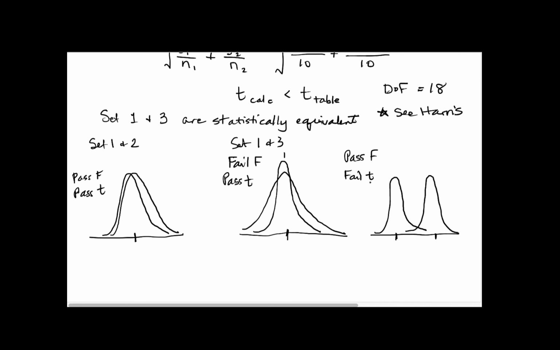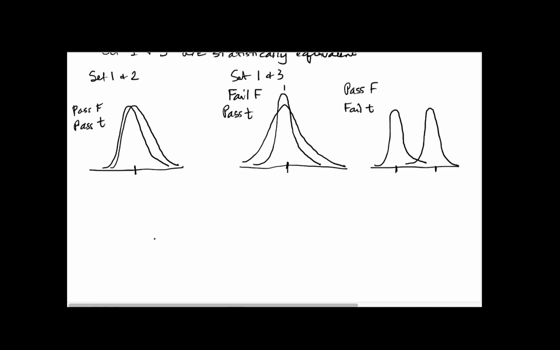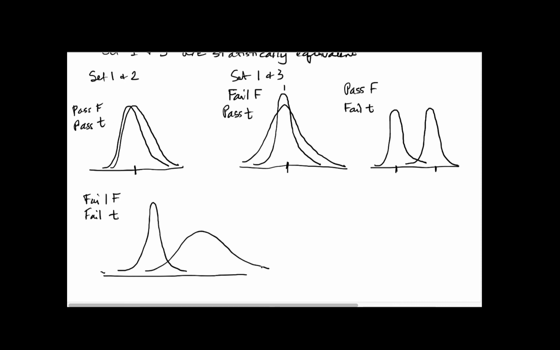In that case, they would not be statistically equivalent data sets. The other scenario is that we might fail the F-test and also fail the T-test. In that case, we would have a scenario like the one we just drew, except that our 2 data sets would have pretty different shaped curves as well.